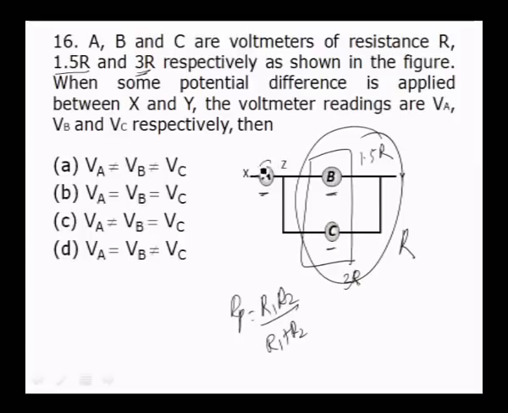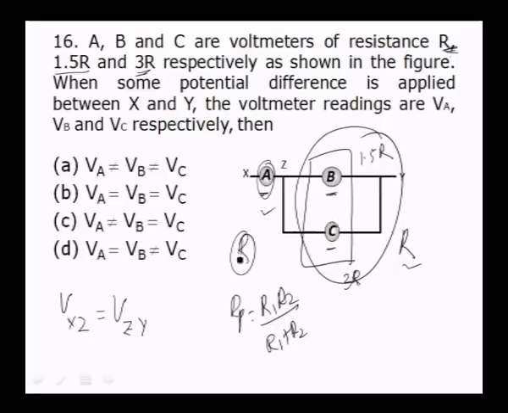And what is the value of A according to the problem? This is also equal to R. Here the resistances are equal and connected in series, then the voltage across this and the voltage across this combination should be the same. It means that the voltage across XZ should be equal to the voltage across ZY, because equal resistors are connected in series.